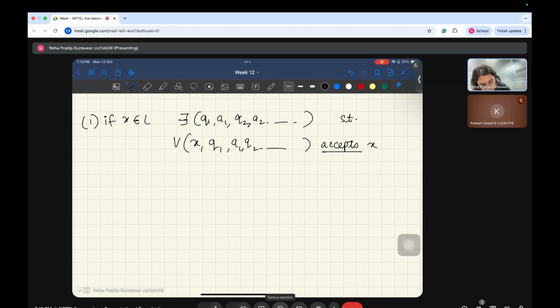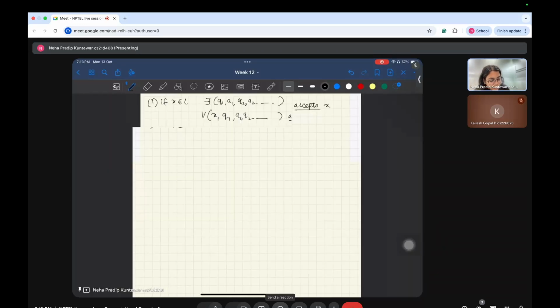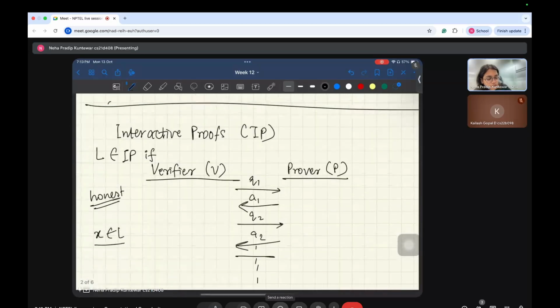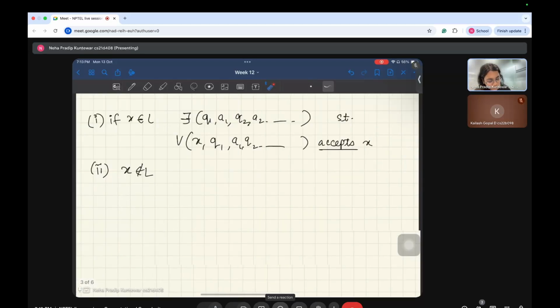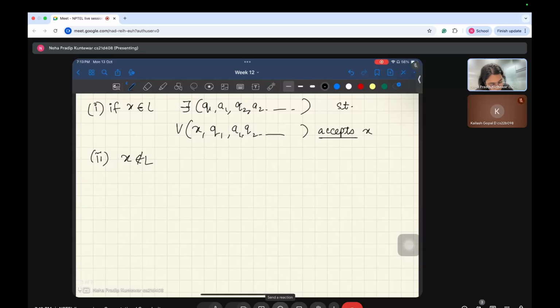And if x is not in the language, then no matter what series of messages get exchanged between them, no prover should be able to convince V that x is in the language. So that does not exist: Q1, A1, and so on, a series of exchanges between them.